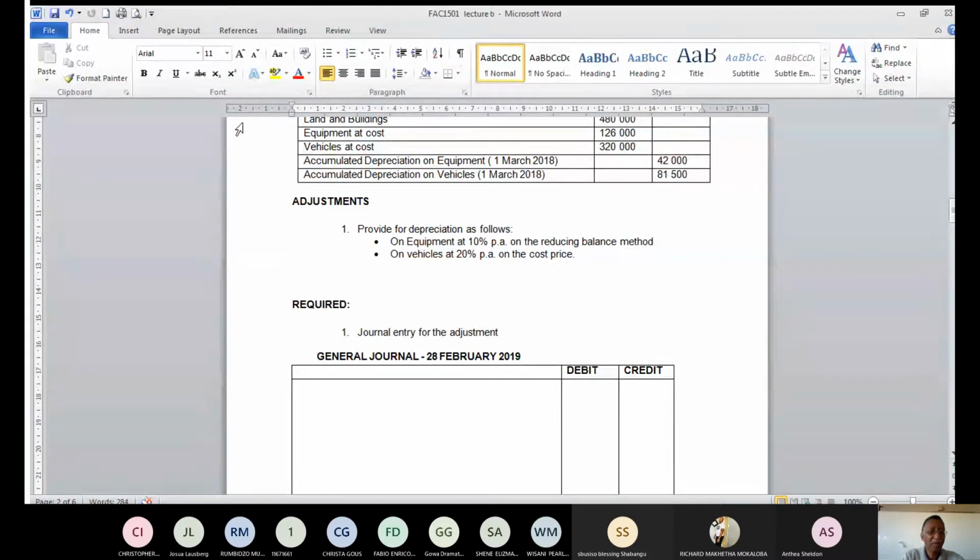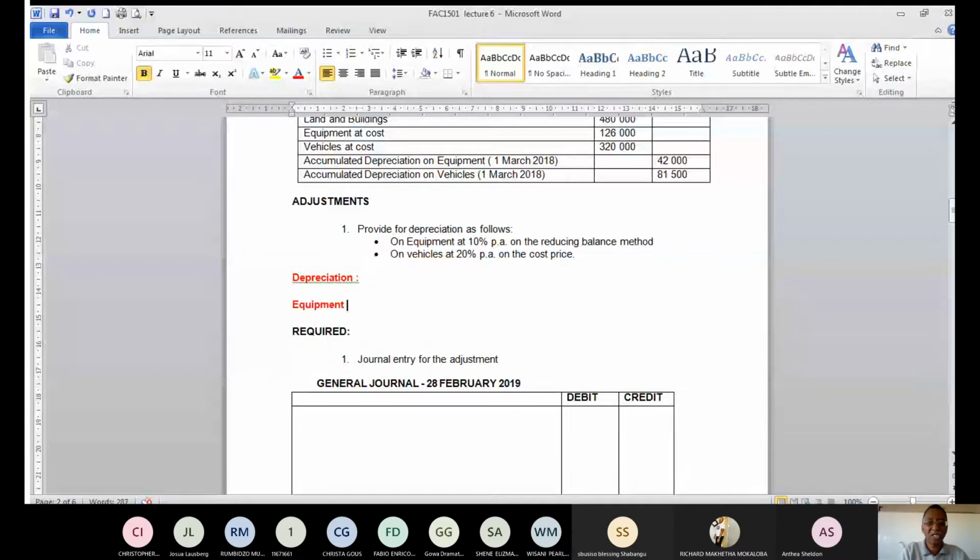So what you will do now is you will first calculate what is the depreciation. If I must calculate my depreciation now, I'm first going to take my depreciation on equipment. And the question tells you that to calculate the depreciation on equipment, it must be 10% on the reducing balance method.